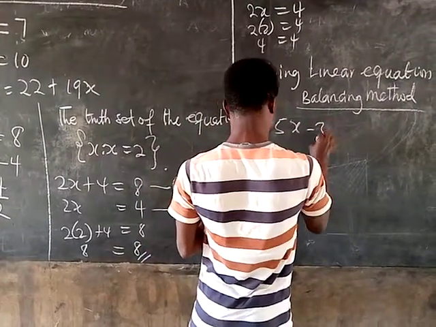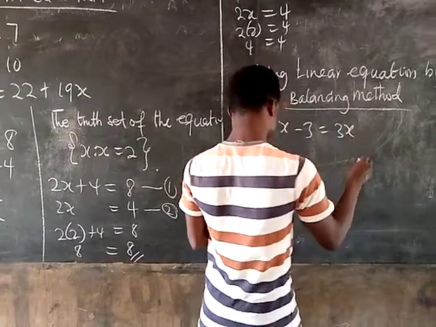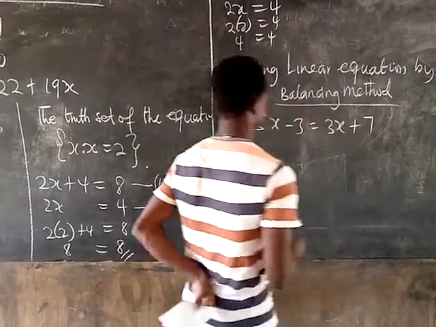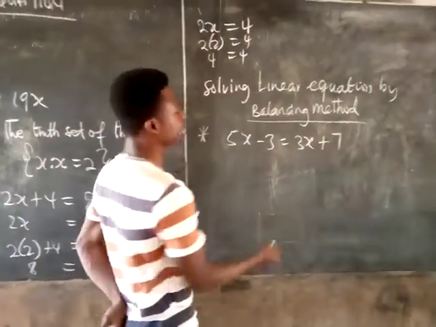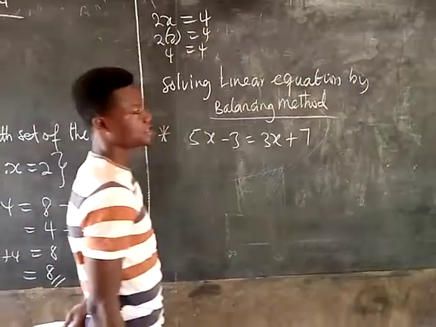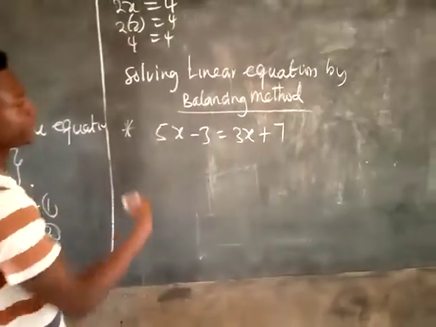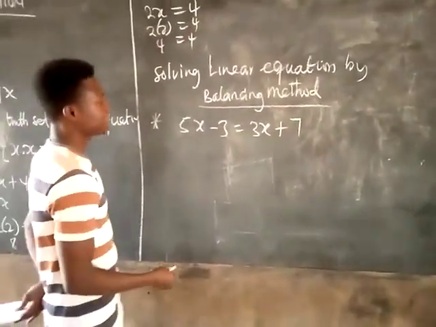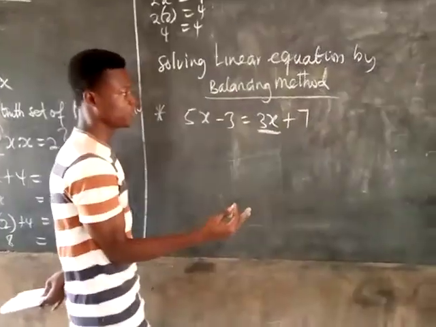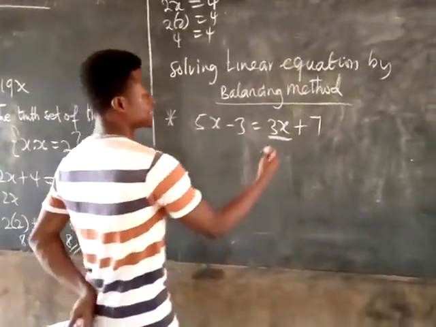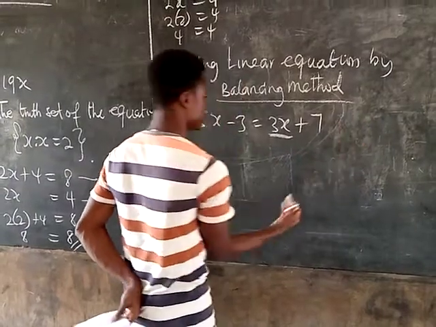So let's take an example of solving a linear equation using the balancing method. 5x minus 3 is equal to 3x plus 7. In the balancing method, all that we are trying to do is eliminate some of the terms from the equation. So we want to eliminate 3x from the equation. What do we do?